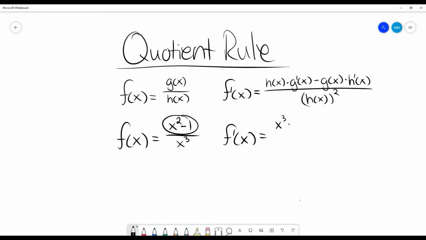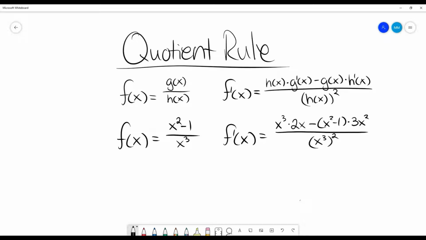times the derivative of our top, and the derivative of x squared minus 1. Well, this is a constant, so it disappears because it equals 0. And this we just use our power rule for, so it's going to be a 2x. So we've got our low times the derivative of our high minus our high, so x squared minus 1, times the derivative of the low, apply that power rule, all over low low.